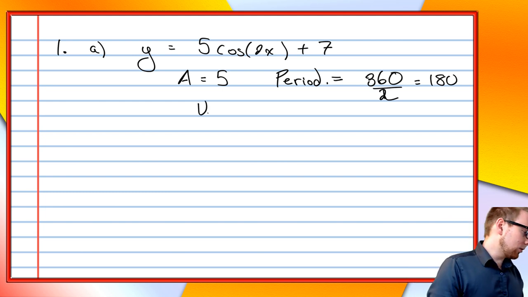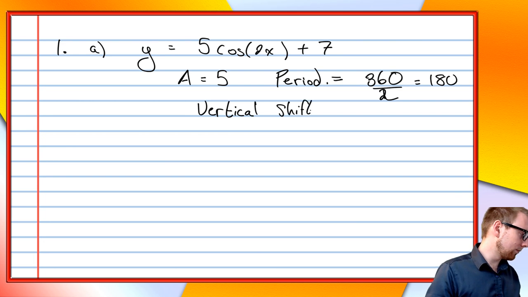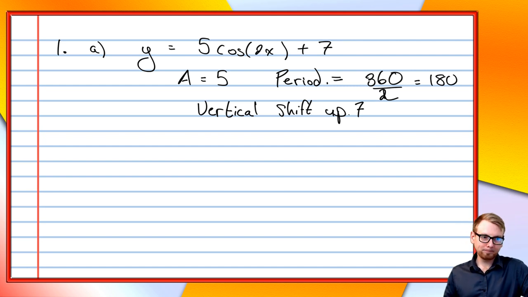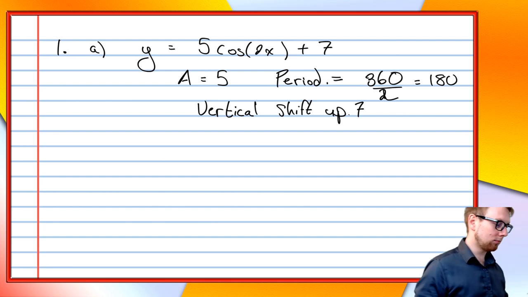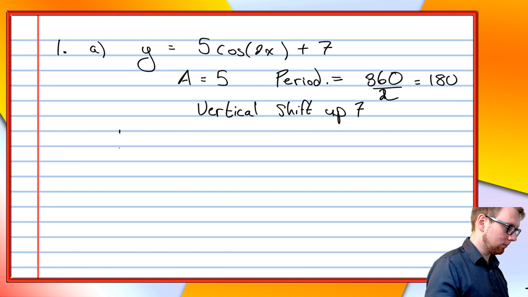And you get a vertical shift up. I would say a shift up or down. Okay, so what do you need to do? You need to graph this function. So this should actually be pretty easy for you.